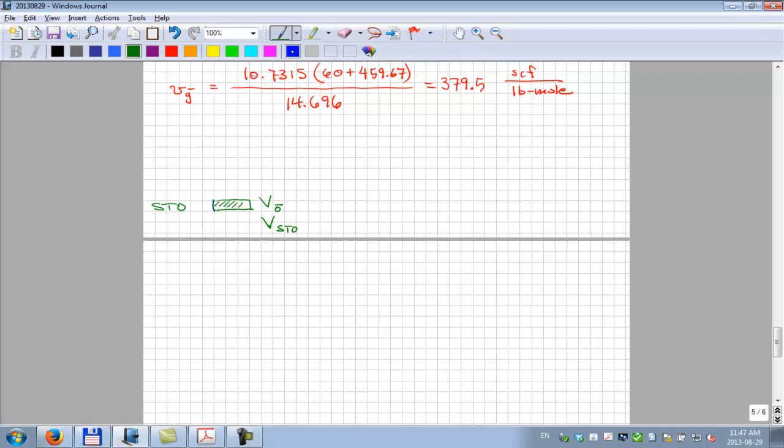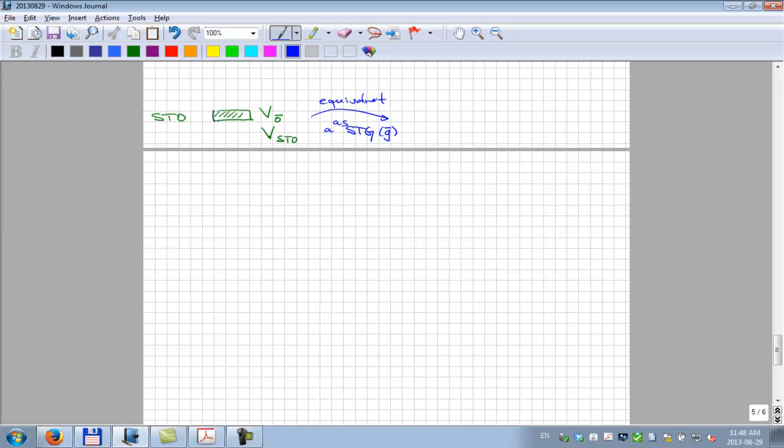And we want to know what is the equivalent of this as a stock tank gas, as a surface gas. Okay?